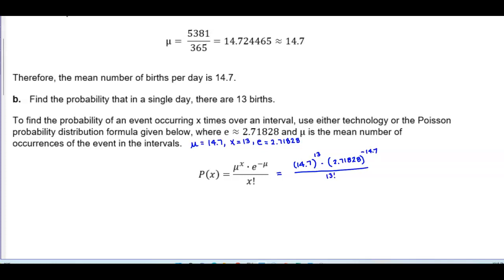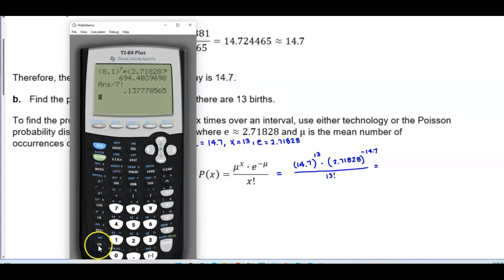So in this case, if we open up our calculator, we're going to do the numerator first. We're going to say left parenthesis 14.7, and then raise that to the 13th power, then multiply by left parenthesis 2.71828 parenthesis, and then raise that to the negative 14.7 power.